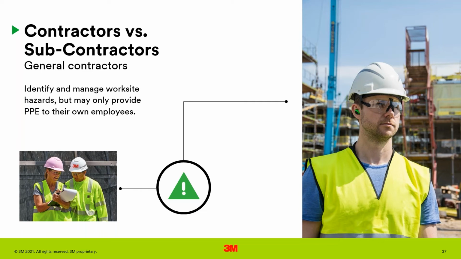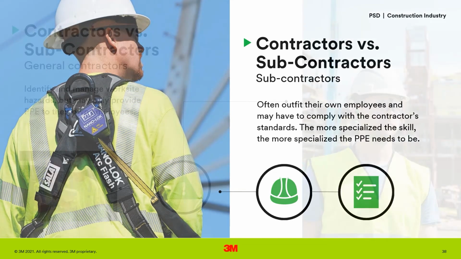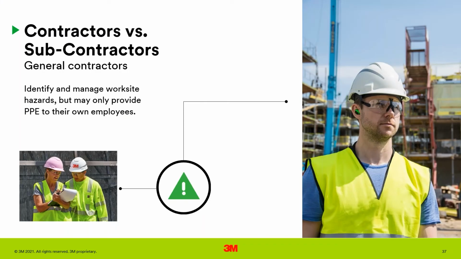A general contractor often hires specialized subcontractors to perform all or some portions of the construction work. And when using subcontractors, the general contractor is responsible. So in the end result, they're responsible for the quality of the work that's being performed. So the general contractor's number one priority is really safety on the job site.